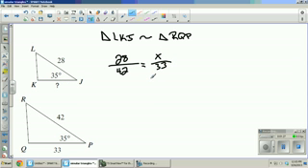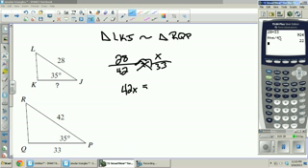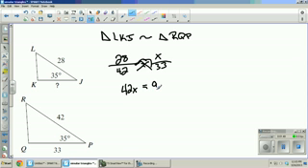So now all we do is a simple proportion. 42 times X is 42X. Remember, we cross multiply when we do proportions. So 42X equals 33 times 28, which is 924.